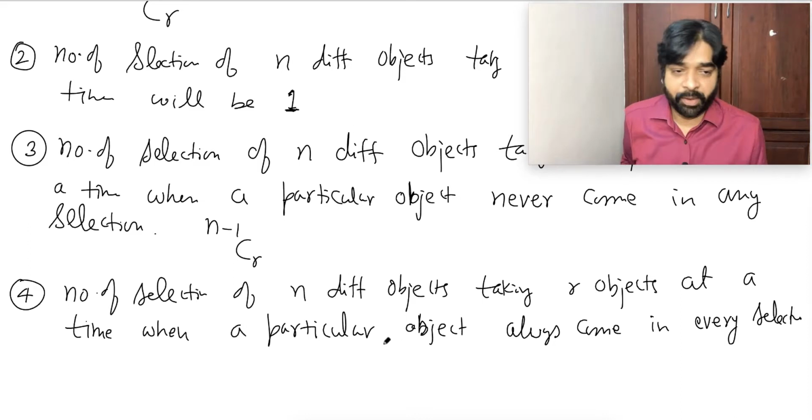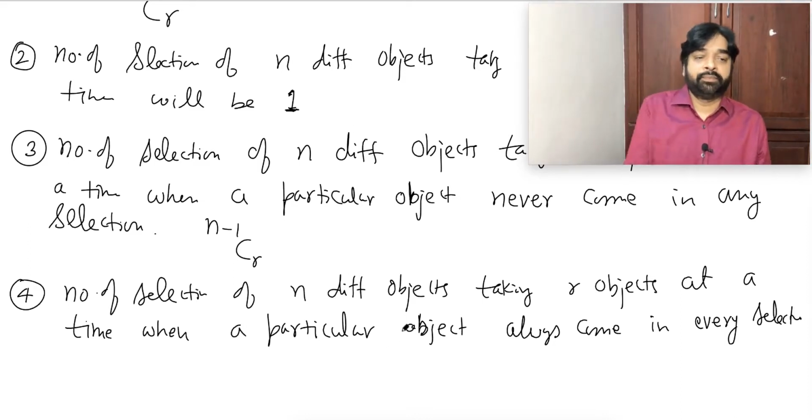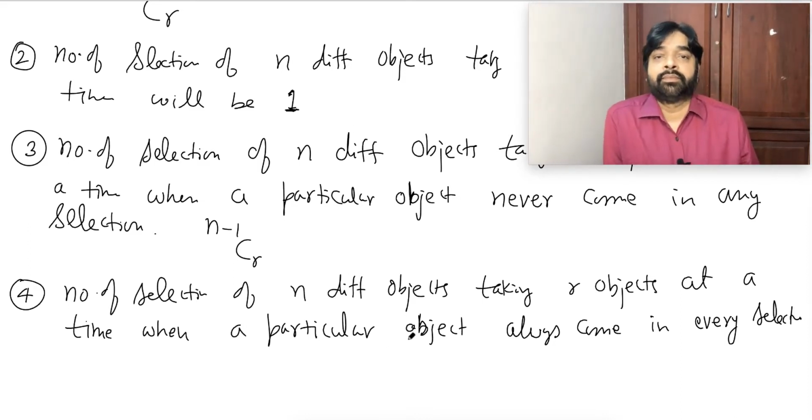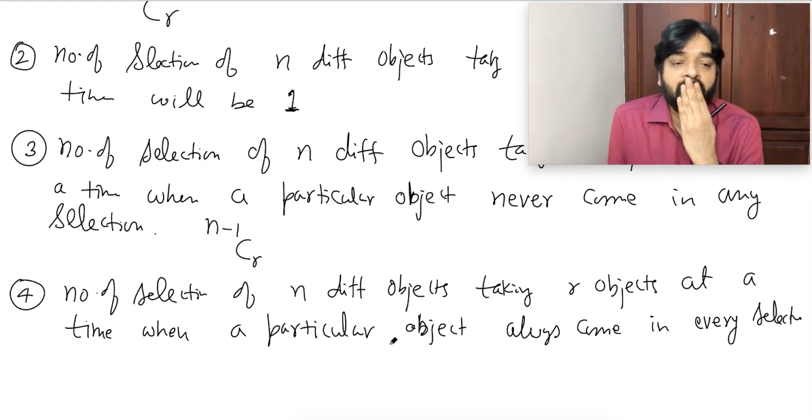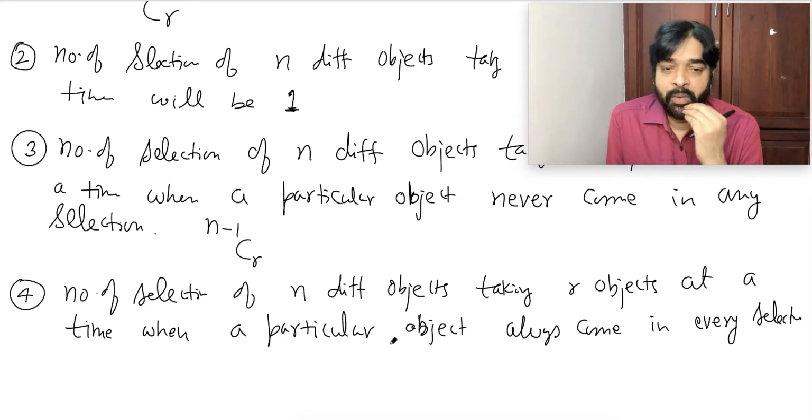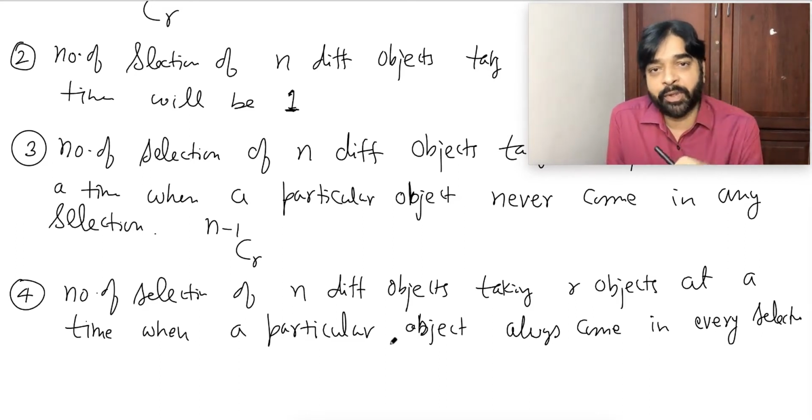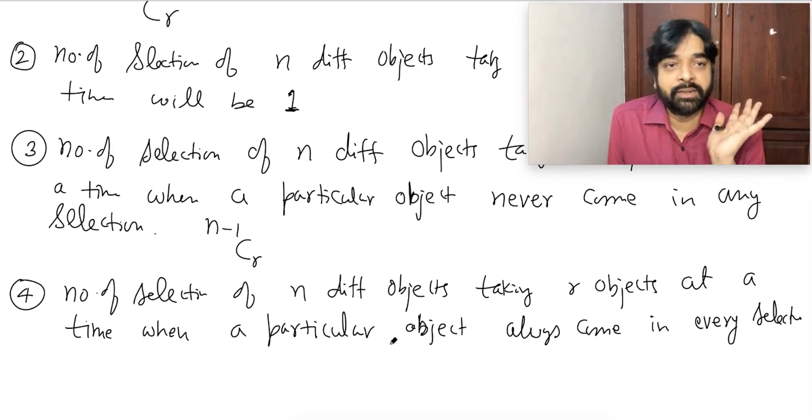I'm waiting for your answer. One particular object always comes in every selection. Always. Whenever you put your hand in, that object is there with your hand. This is the meaning.